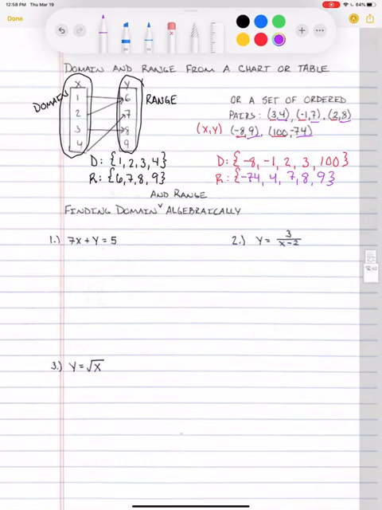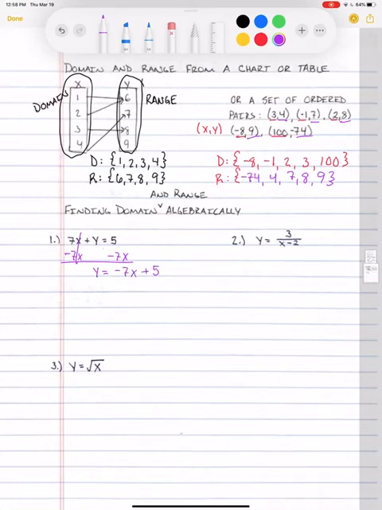So if I'm trying to find the domain of this first equation, what I need to do is solve this equation for y. I want to get y by itself. So I'm just going to subtract 7x from both sides. And I have y equals negative 7x plus 5.